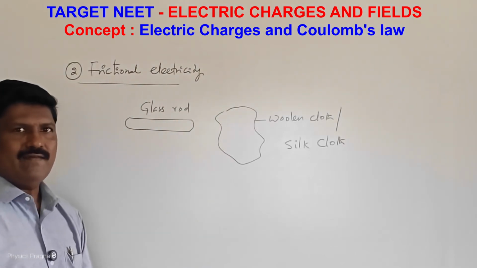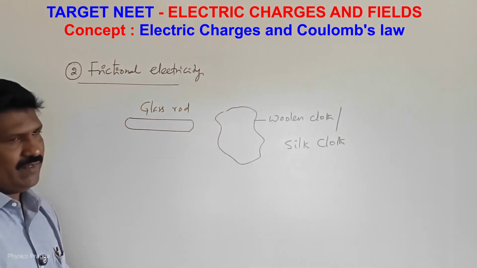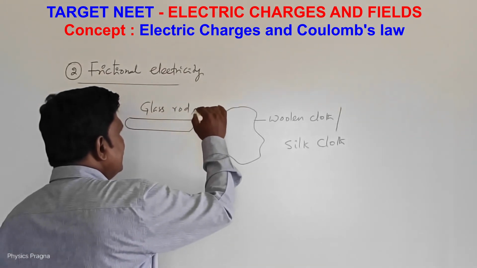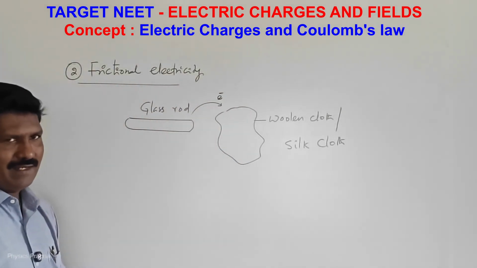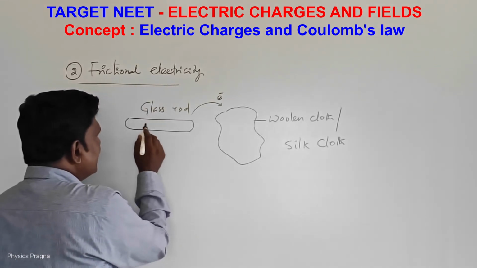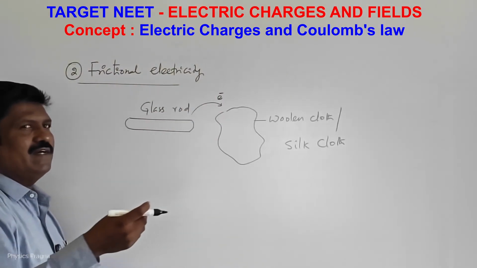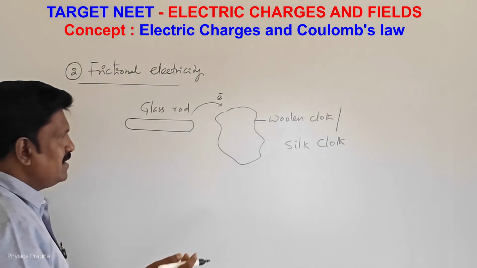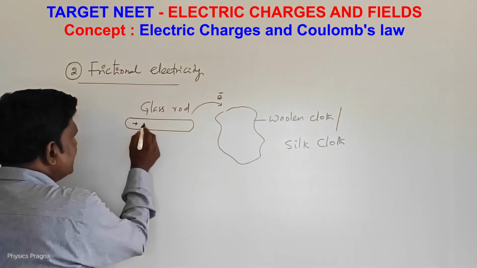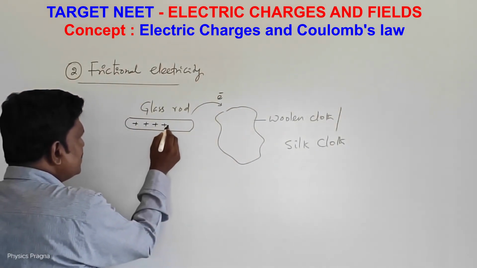This glass has less electron affinity, so it transfers electrons to this woolen cloth. For our discussion's sake, suppose it lost 6 electrons. That's why it has 6 positive charges.